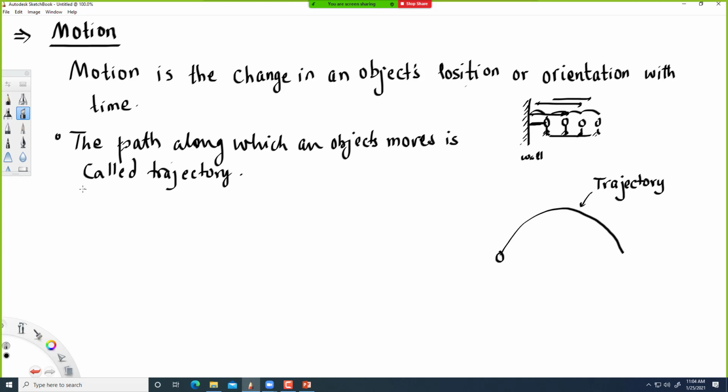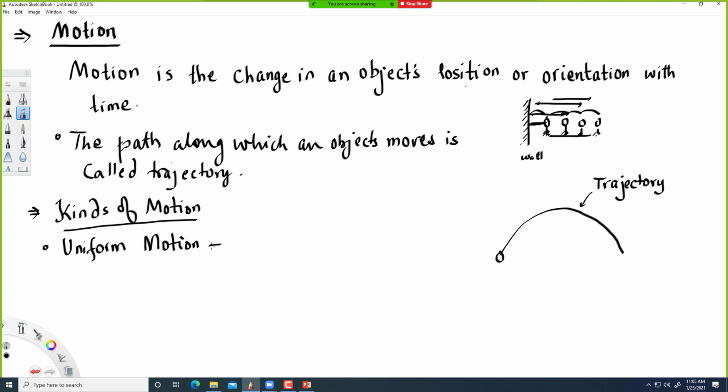Now, what kinds of motion do you guys know? From your everyday life experience, you see different kinds of motion. Like the motion in which you are moving at constant speed, okay, which is called uniform motion. Uniform motion is when you are moving at the same speed all the time.